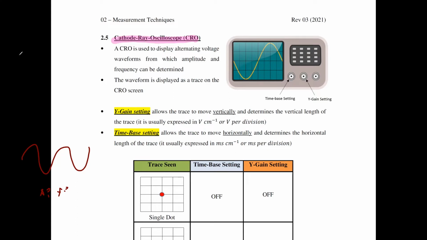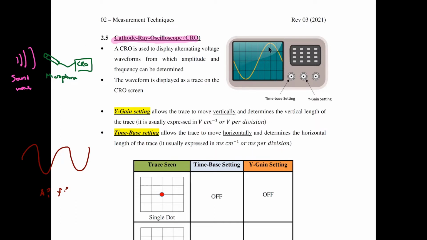Say for example, right now you have a sound wave whose amplitude and frequency you want to determine. To be able to measure these, you will use a microphone connected to a CRO.